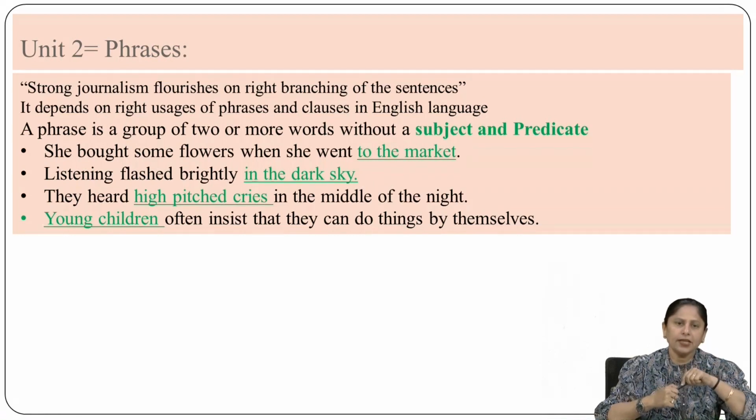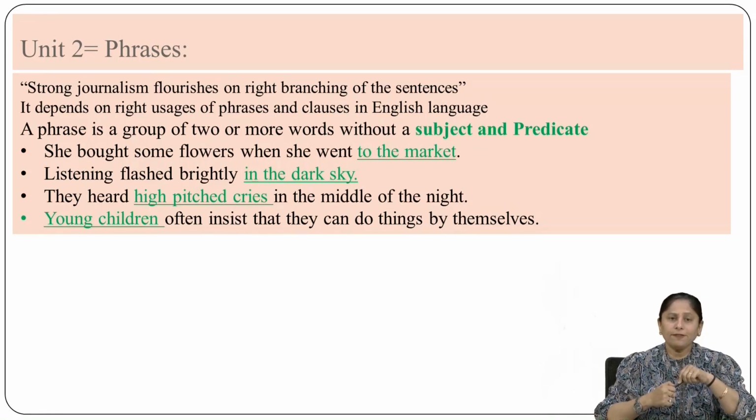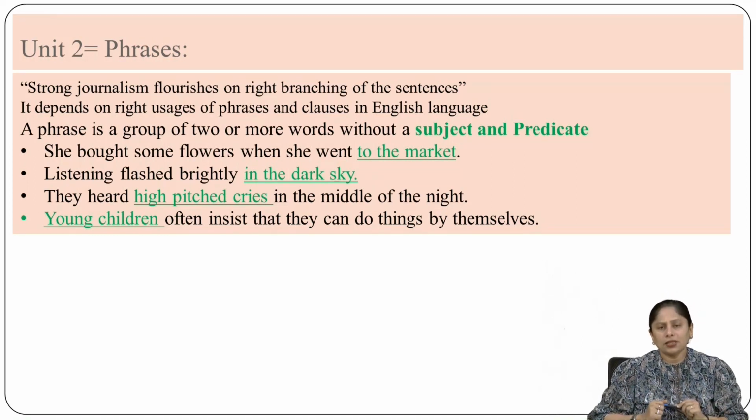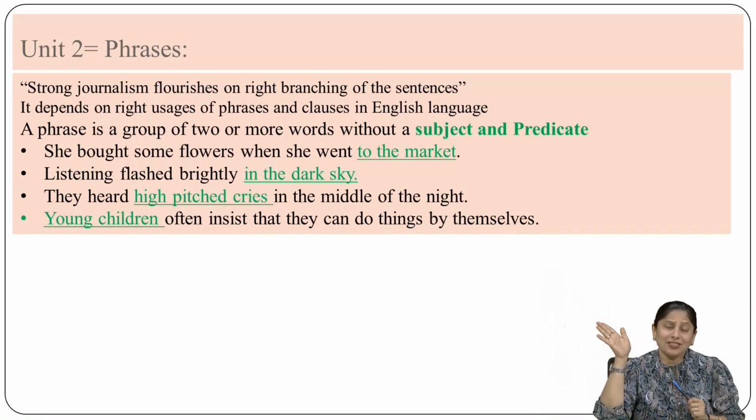Look, there is a sentence: strong journalism flourishes on right branching of the sentences. So it says that when you are very clear about how to branch the sentence, how to create the sentence, how to make the sentence, then you will be in a condition to influence the audience very well, influence the readers, those who are reading the newspapers.